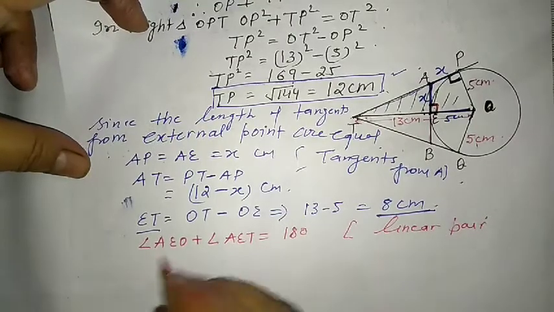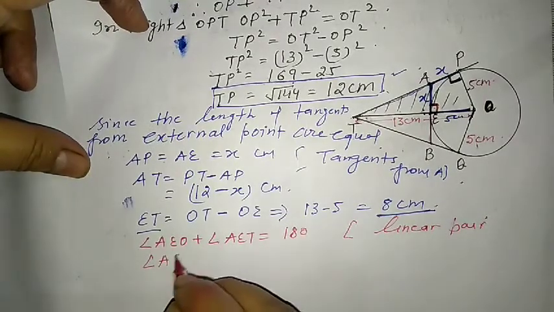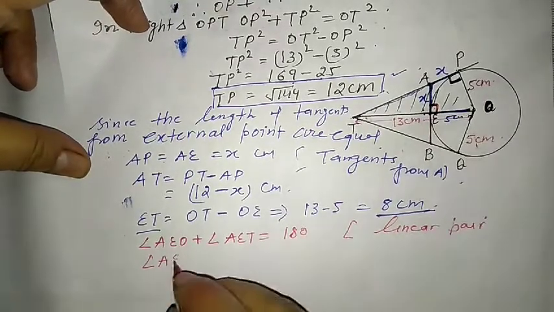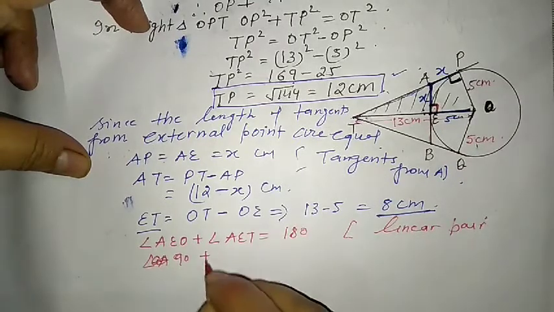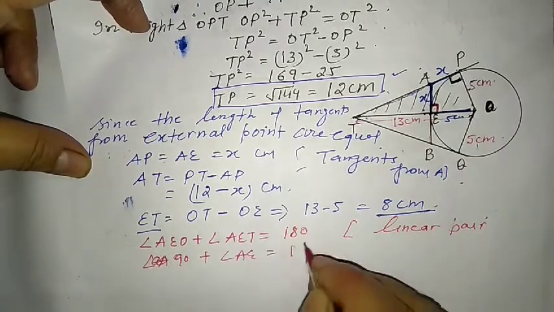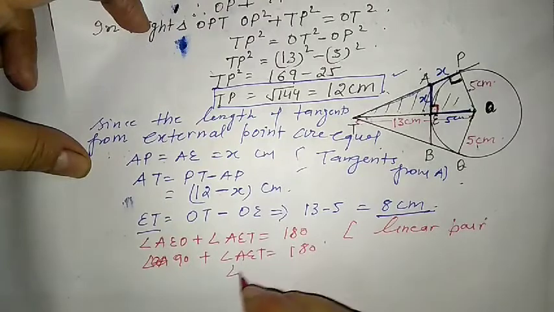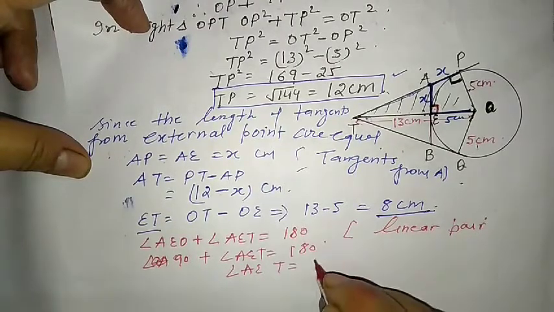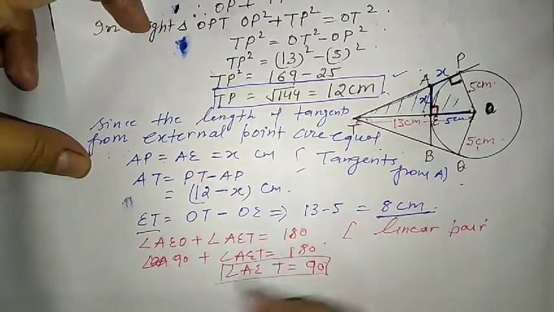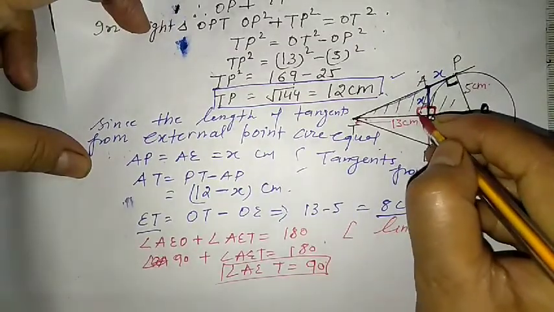Okay, so angle AEO is given here 90 degree. So angle AET is equal to 90 also. So this angle is also 90.